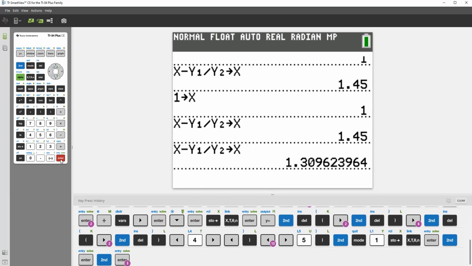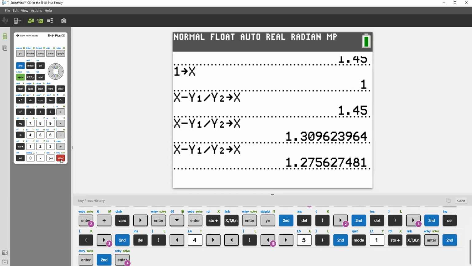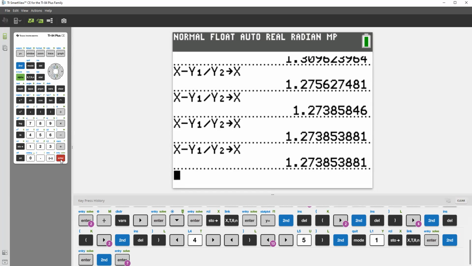All I have to do now is hit enter, because what is it using for x? It is using the 1.309623964. All I have to do is hit enter, and that is my, so 1 was my first, 2 was 1.45 is my second, third, fourth, and I just keep hitting enter until 6 decimal places line up.